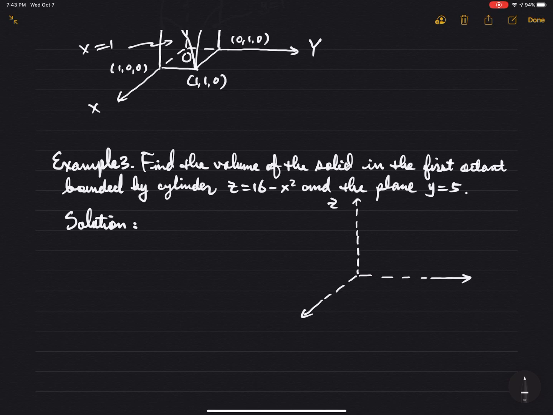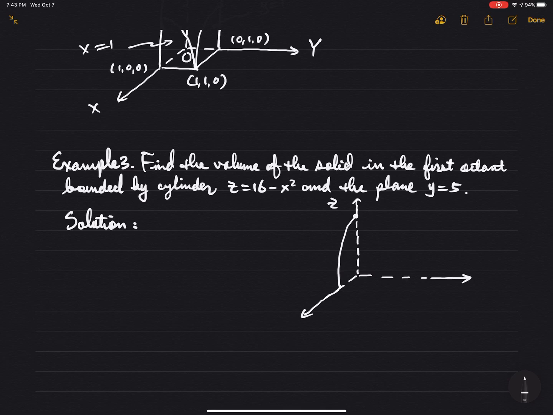Think about it: when x equals 0, z equals 16, so this is 16. And when x equals 4, z equals 0. So this is a parabola on the xz plane. Because z equals 16 minus x squared is a parabola with no variable y, y can be anything.